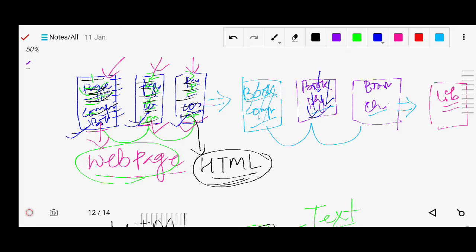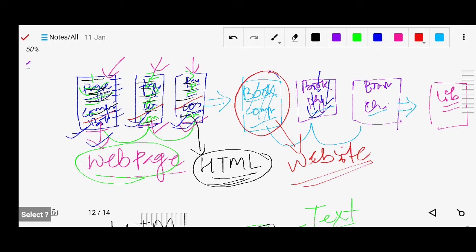Similarly, when all the same kind of pages, all regarding the computer, are combined, this will form your website. As we know, a website has the same kind of web pages, interrelated web pages about one particular topic.